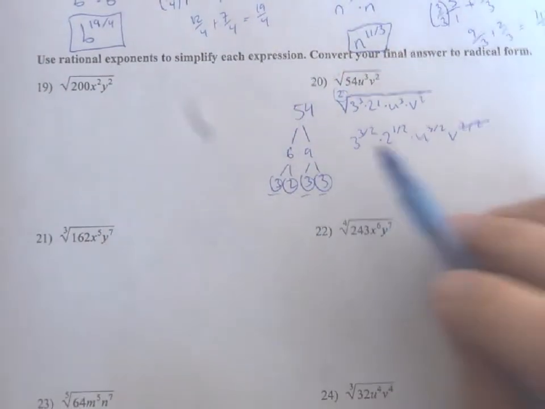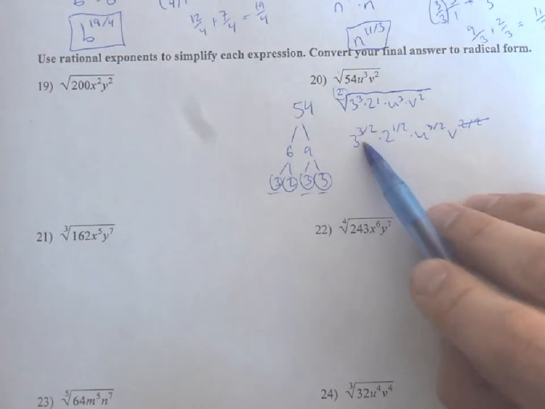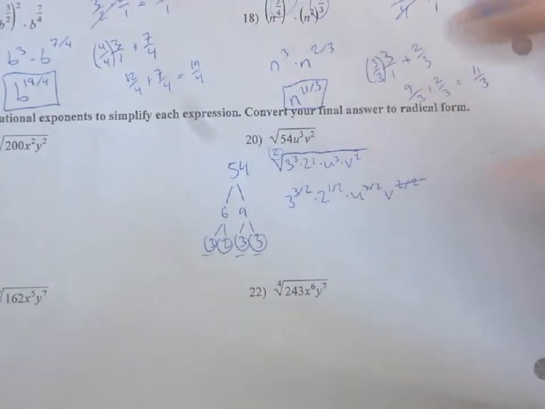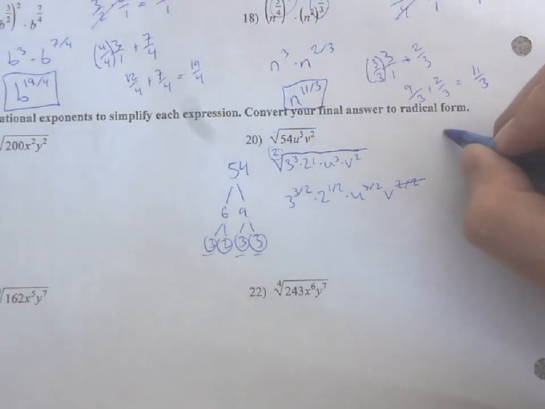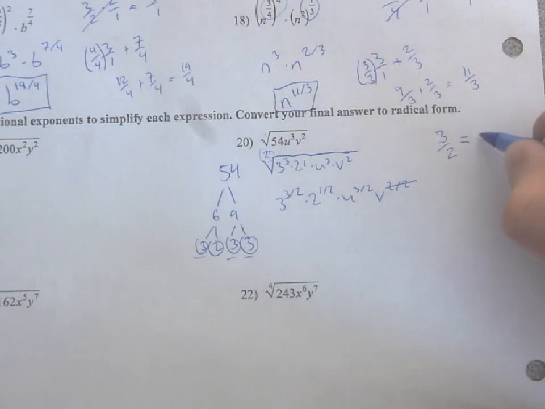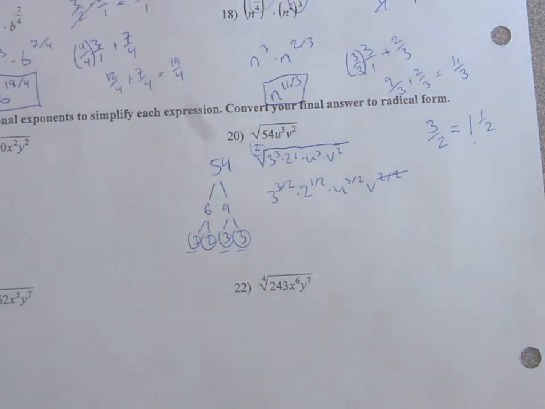We also can notice that some of these improper fractions, the numerator's bigger, they're going to turn into mixed numbers. Now usually we don't use a lot of mixed numbers in algebra, but in this case it's actually kind of helpful. 3/2 is actually 1 1/2. And so if possible, we want to give these variables whole number or integer powers.